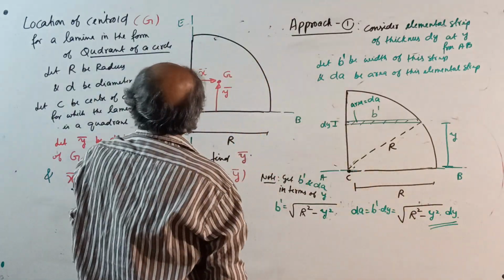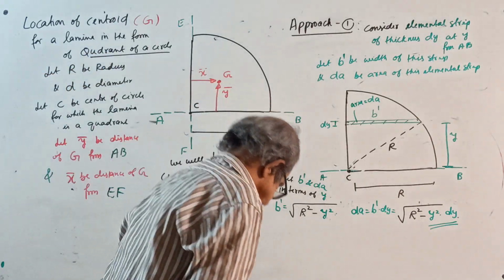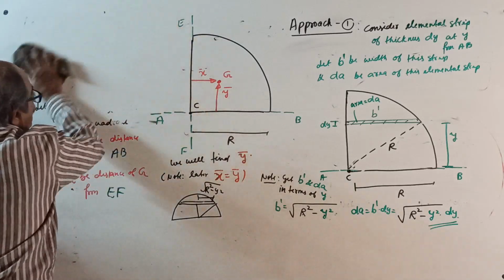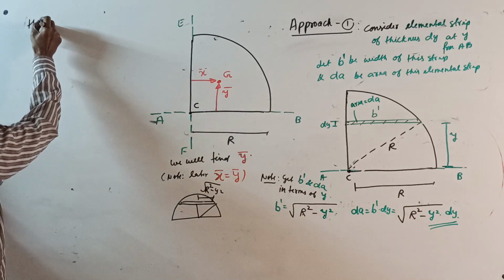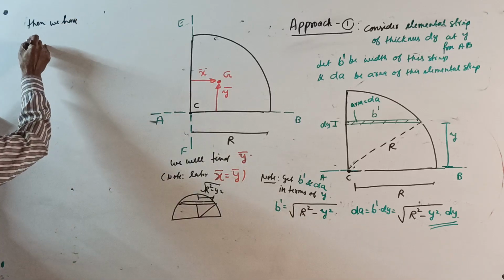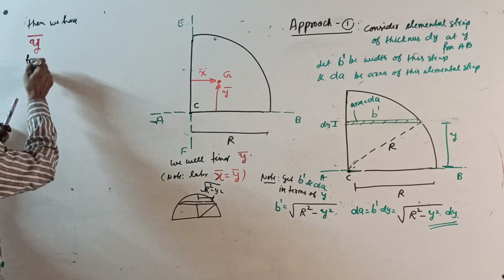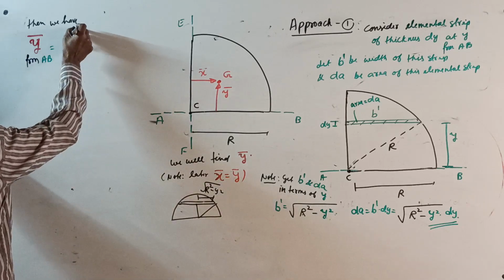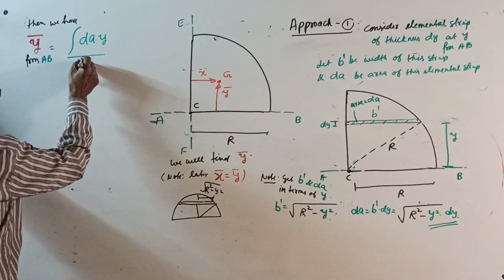This is the dA. Now I will rub all this out, I want more space. Okay, first I will write here: your y bar from reference line AB equals integration of dA into y divided by area.